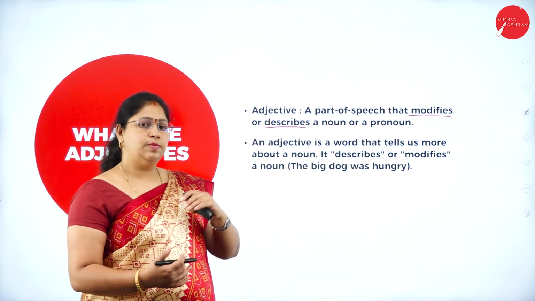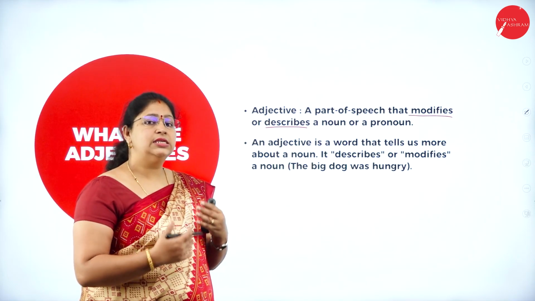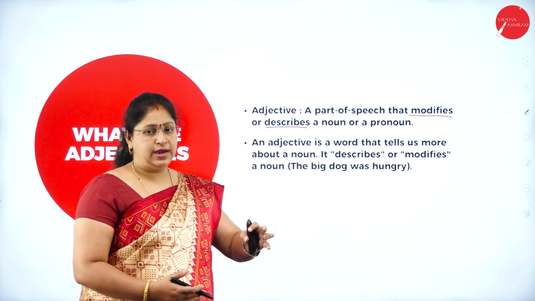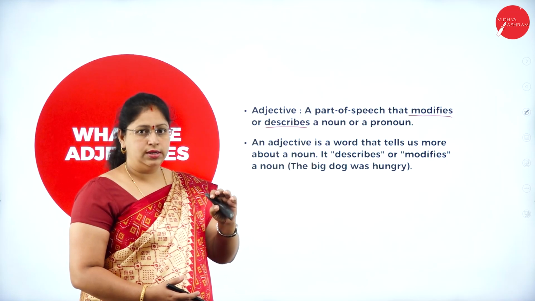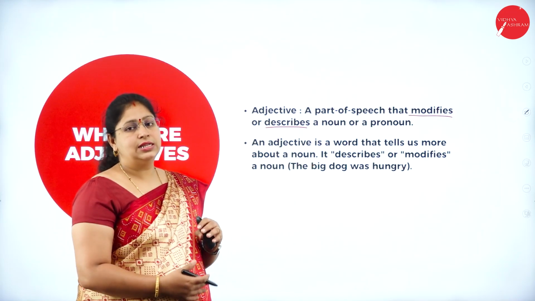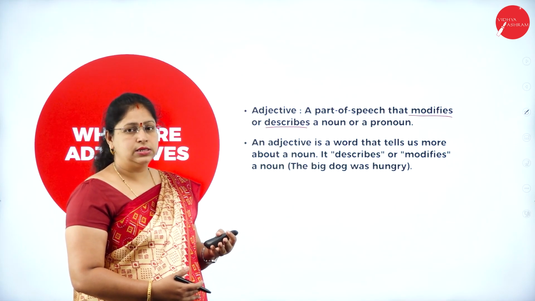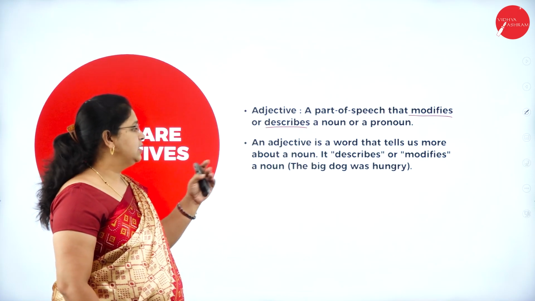I said he is a boy. So, we will know just that he is a boy. If I say he is a tall boy, it specifies and we will know more about the boy, that he is tall, correct? He is an intelligent boy. So, intelligent tells how the boy is, correct? It describes or modifies a noun.